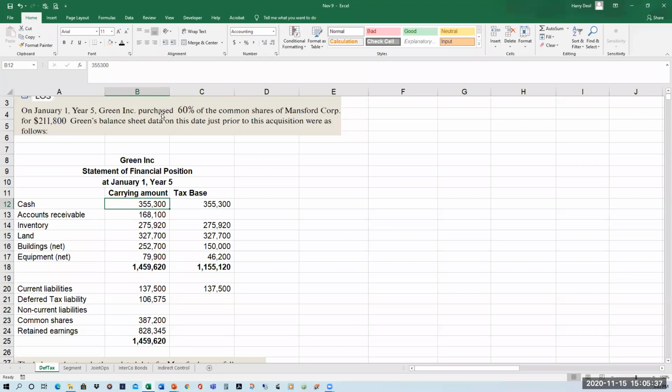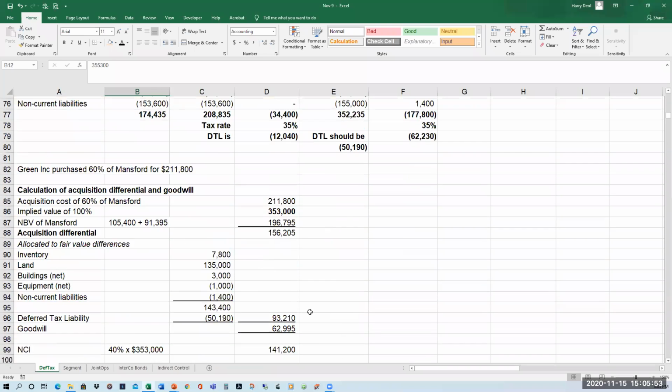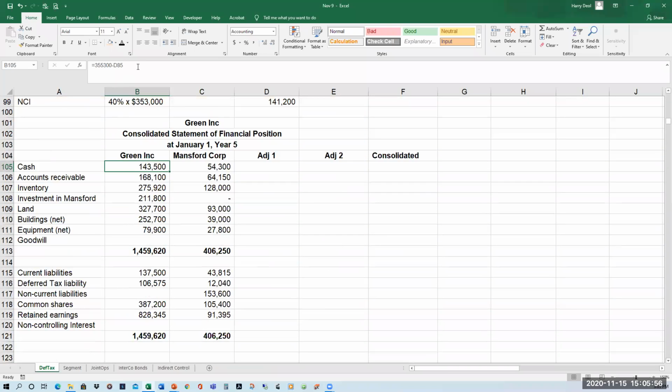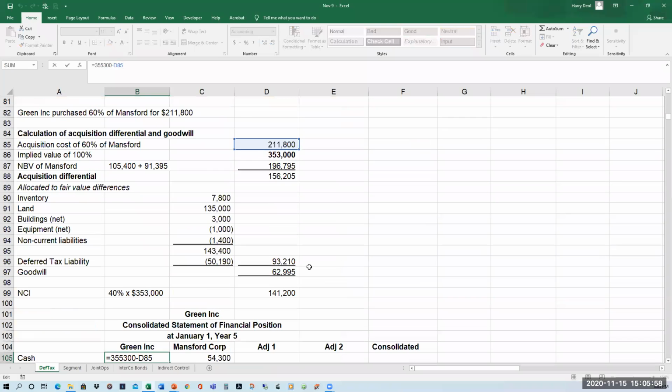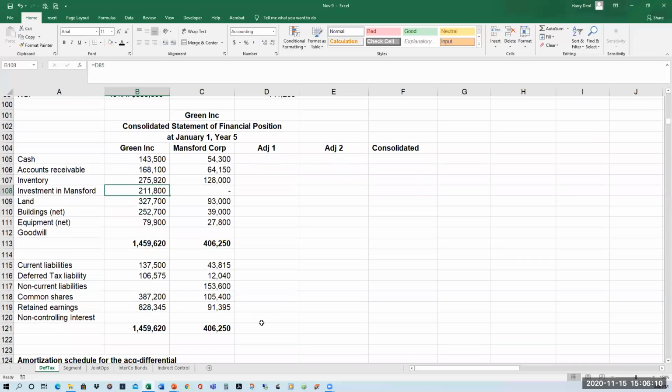So if Green purchased 60% of the shares of Mansford for $211,800, its cash amount will go down by that $211,800, and there would be a new line, investment in Mansford, for the $211,800. So that is what I have here. The cash balance has gone down by $211,800, and then there is a brand new line for investment in Mansford. Mansford's balance sheet information is as it should be.